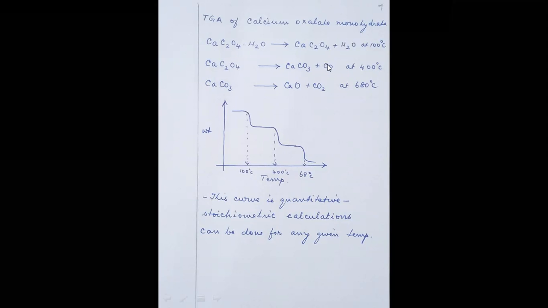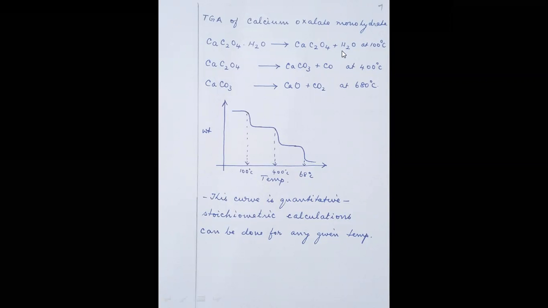And in the second stage, carbon monoxide is a gas, calcium carbonate is a solid. So again, there is a mass change. And in the third reaction, calcium oxide is a solid and the carbon dioxide is a gas. Therefore, another mass change. In all the three reactions, one of the products is volatile.